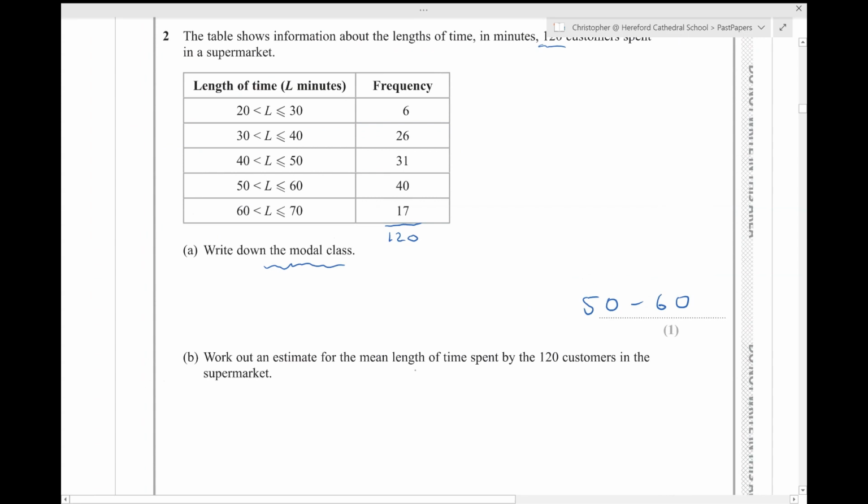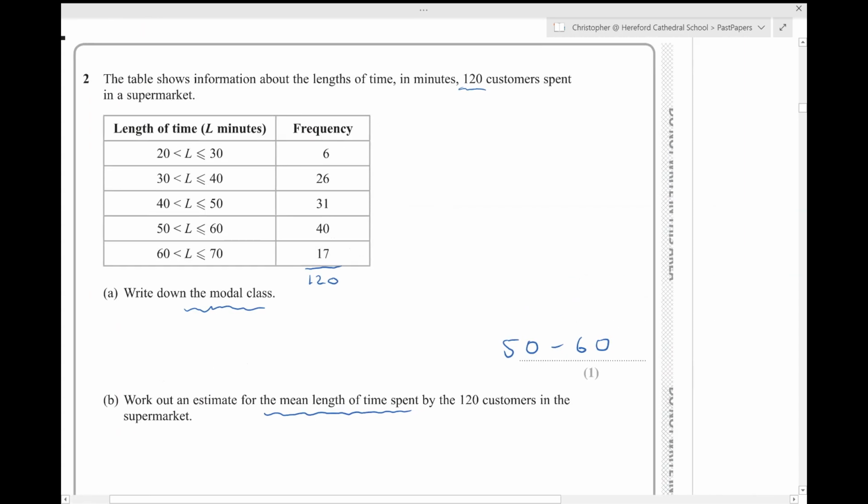Work out an estimate for the mean length of time. So if I'm going to work out the estimate of the mean from a grouped frequency table like this, I'm going to find the midpoints, then multiply, add, and divide. So my midpoints are 25, 35, 45, 55, and 65.